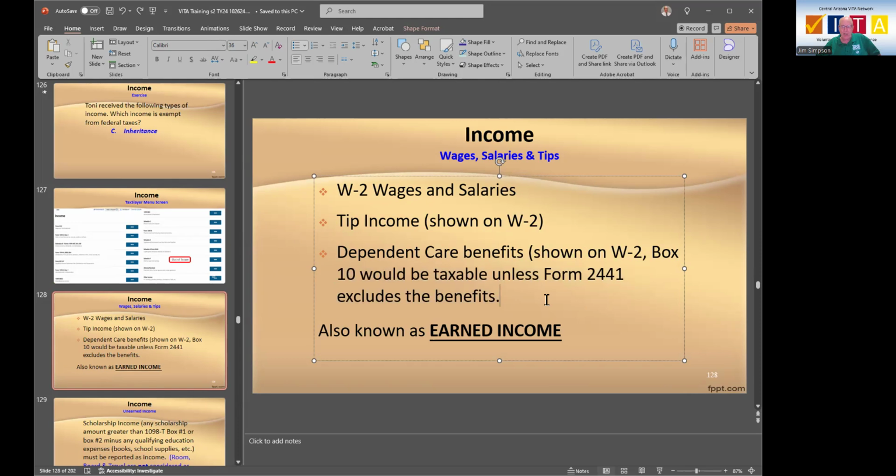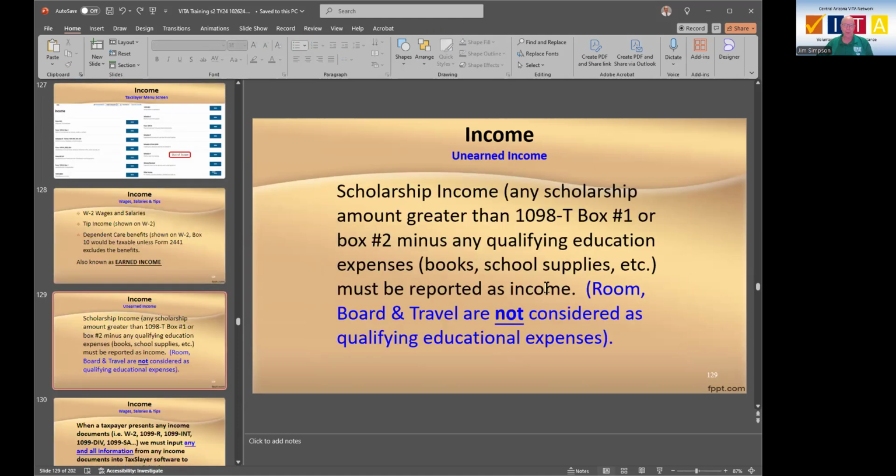Even though they're not taxable, you can elect to have them counted as earned income to help you increase the earned income tax credit. For all you new preparers, I'm going to tell you right now, if you run across anything about Medicaid waiver payments, get your site coordinator involved, okay?